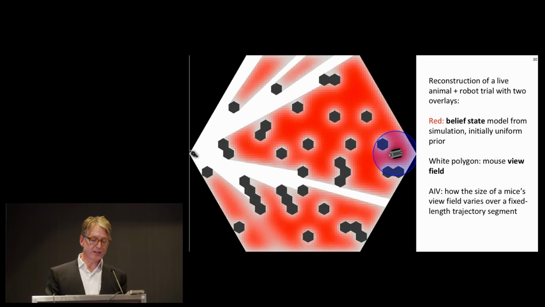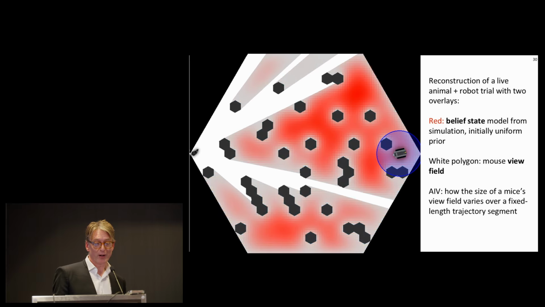I don't have a lot of time to go into the details here, but I do want to highlight that last evasive maneuver at the end. You'll notice it's just outside the radius of diffusion of the robot, at least of the belief state of the mouse of where the robot is.